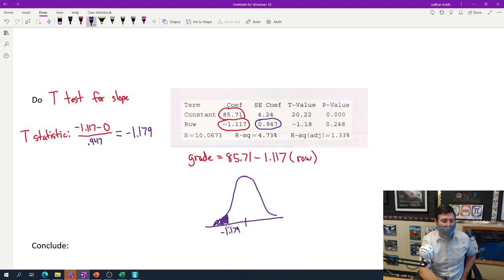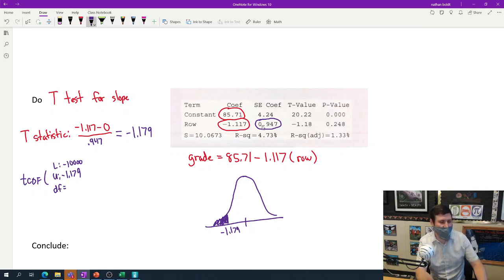What is the probability of getting a number that small or smaller? Well, we do our tcdf, where the lower is a really big negative number. Our upper is negative 1.179. Oh, what are my degrees of freedom? I always forget that.